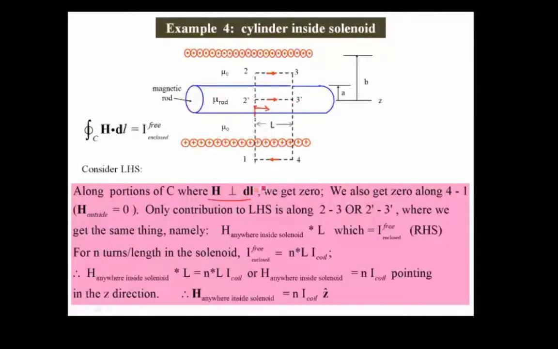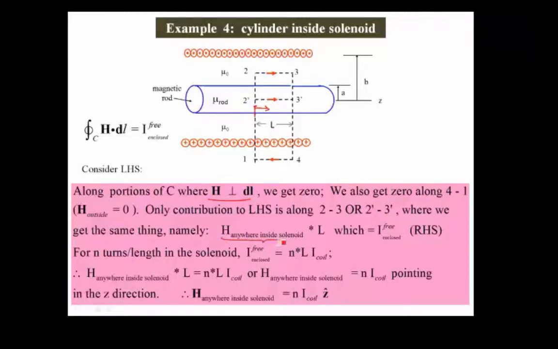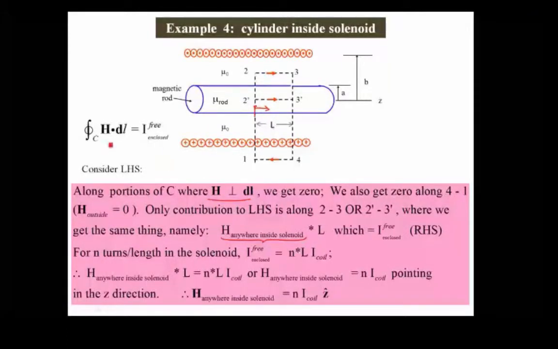Because these loops do not depend on anything but the free current, and both loops are cutting this part of the solenoid, we're going to end up with the same H either in the material or in the gap. If you take the left-hand side, you would have H dot dl. H is parallel to dl.